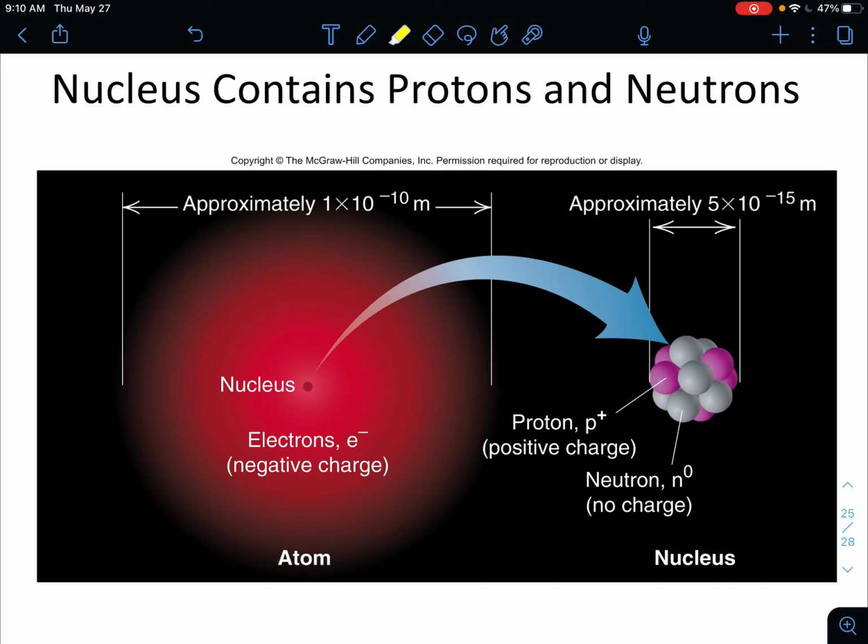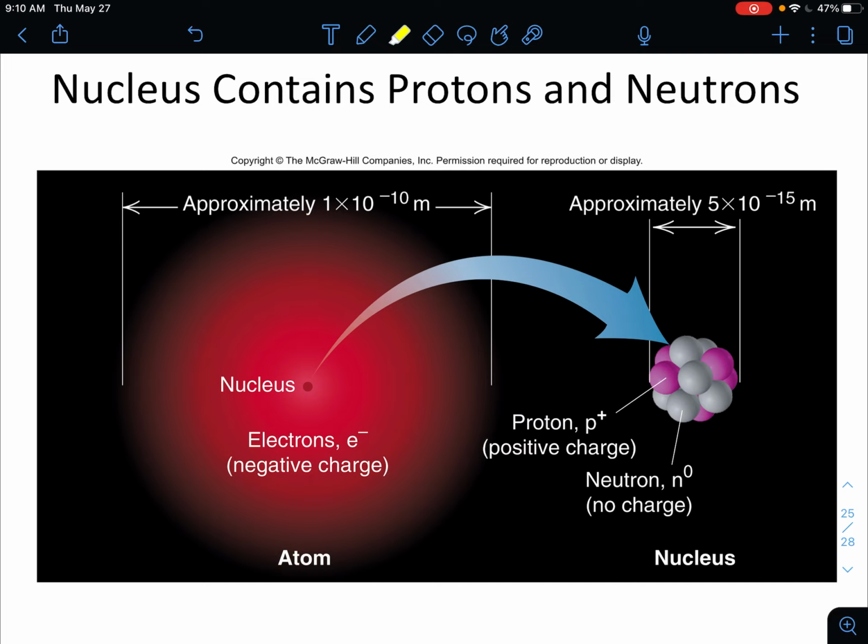The electrons are attracted to it and they circulate around it. That leads us to something called the planetary model of the atom, and that's where we want to start as we begin thinking about the atom. We'll refine it a little bit later, but that's a good place for us to start.